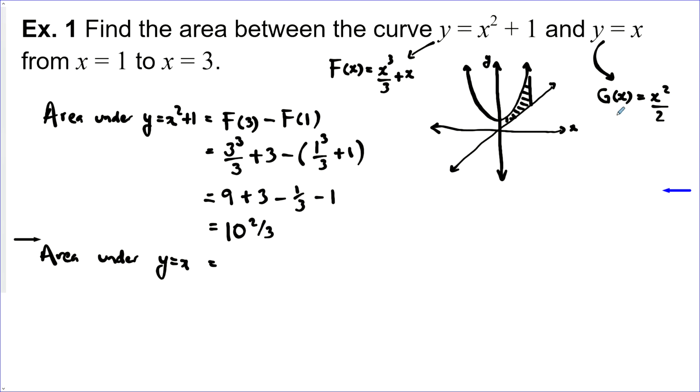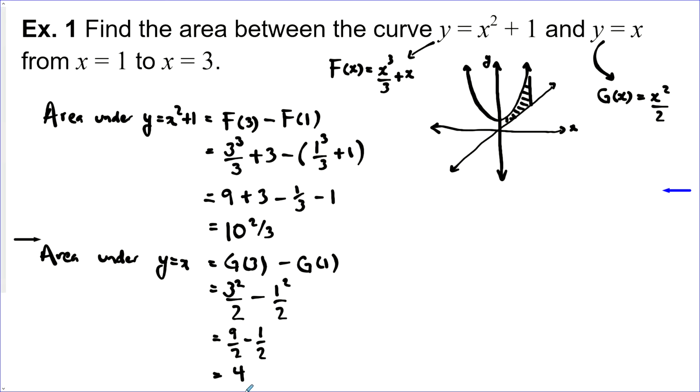Now let's find the area under y equals x. So we'll use capital G at 3 minus capital G at 1. And we just put a 3 in there, so 3 squared over 2 minus 1 squared over 2. And this would be 9 over 2 minus 1 over 2, and that would be 8 over 2, which is just 4.